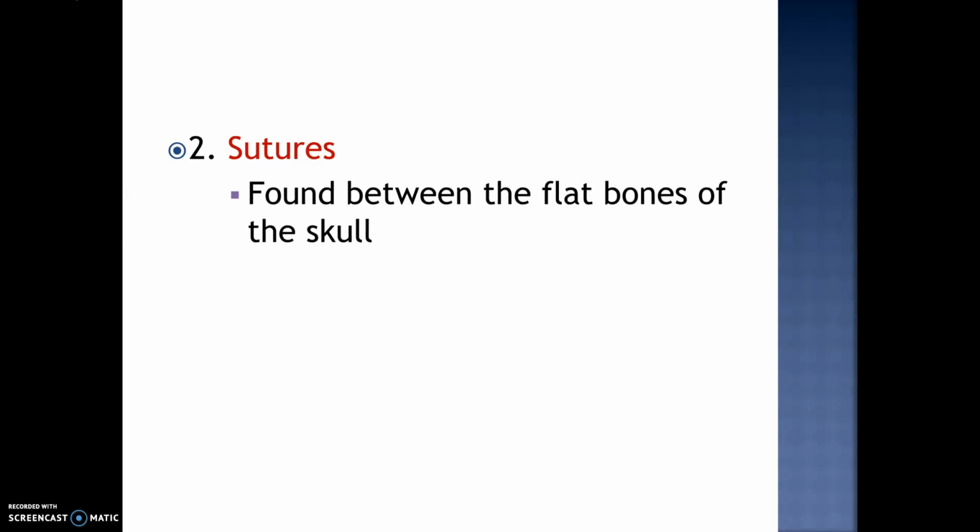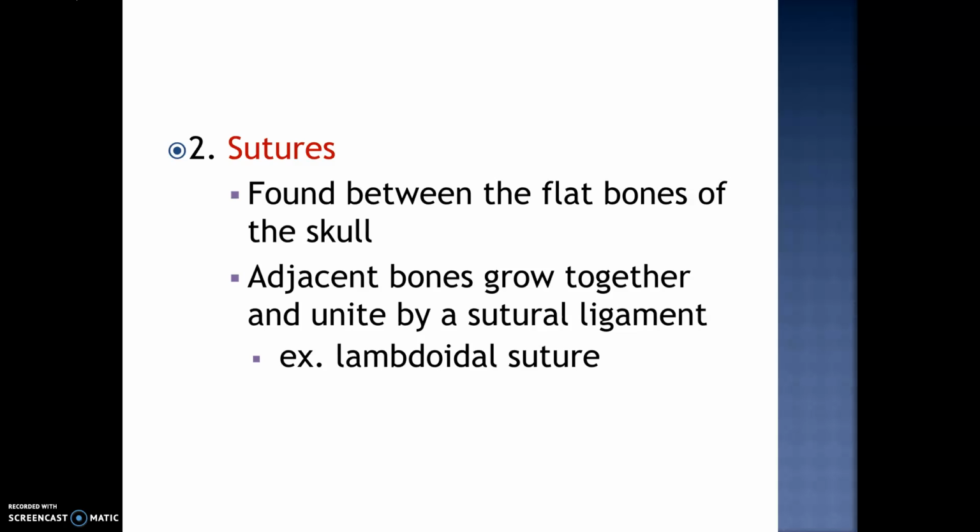Our next one is our sutures. So we see sutures found between the flat bones of our skull. Those are going to hold those different bones together very tightly. So adjacent bones will grow together and they're united by this suture ligament or our suture lines that we see in our skull. So an example is our lambdoidal suture.